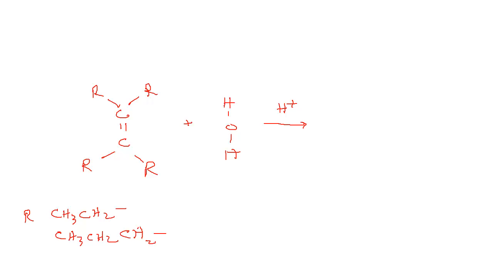It can be a strong acid like sulfuric acid or nitric acid, although that could cause another reaction. So sulfuric acid is probably a good choice here, or hydrochloric acid. But this hydrogen ion acts as a catalyst to cause this reaction to occur at a faster rate.